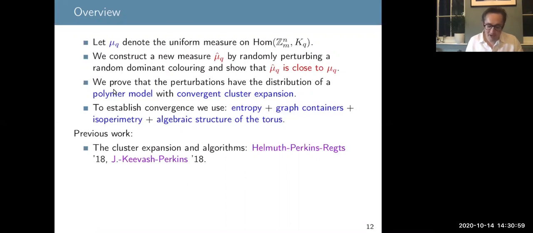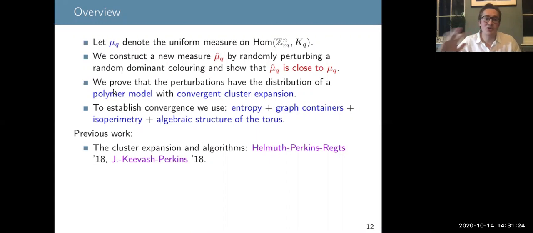And let me mention that these methods first came to my attention in the algorithmic setting. A paper of Helmuth, Perkins, and Regts used these classical statistical mechanics tools to devise efficient sampling algorithms for a number of spin models on the integer lattice.